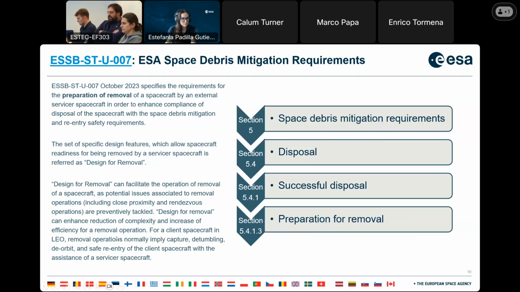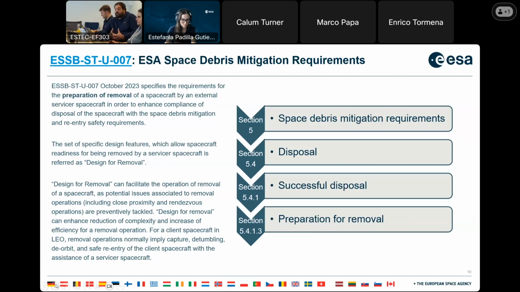The design for removal should facilitate the operation of removal, as I was saying before. This is very important to be highlighted, because potential issues related to the removal operation, including, for example, the close proximity and the rendezvous operation, are with this requirement preventively taken into account.